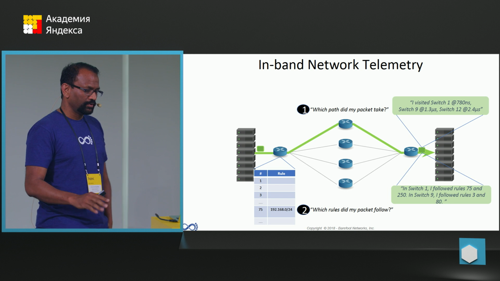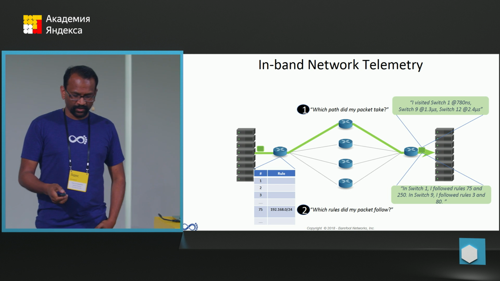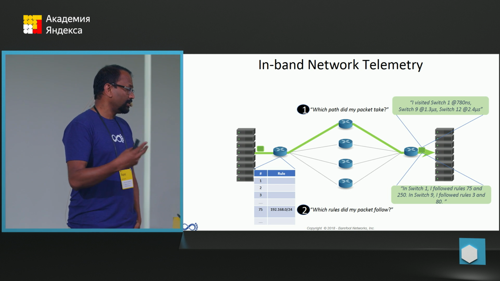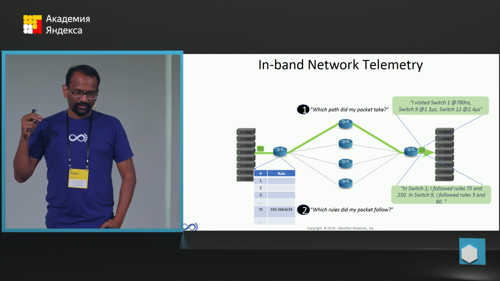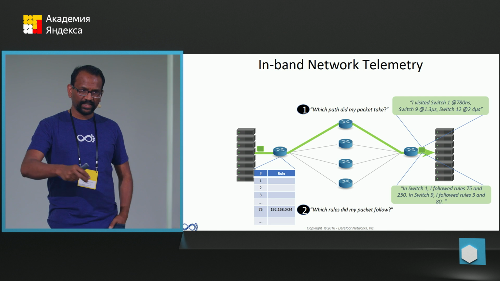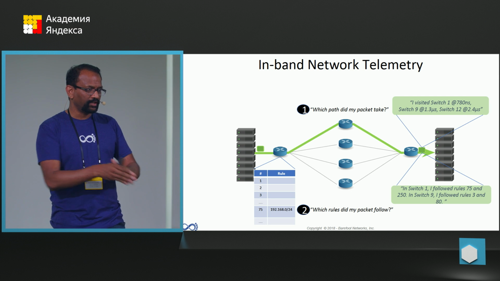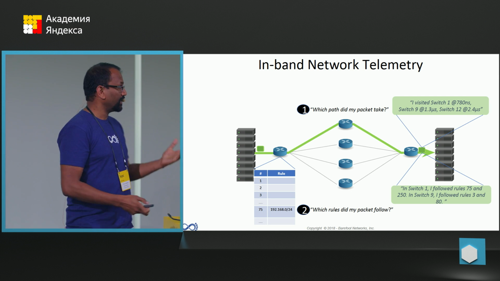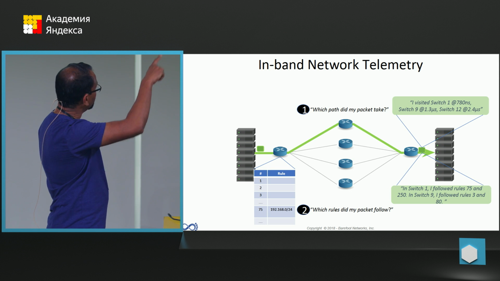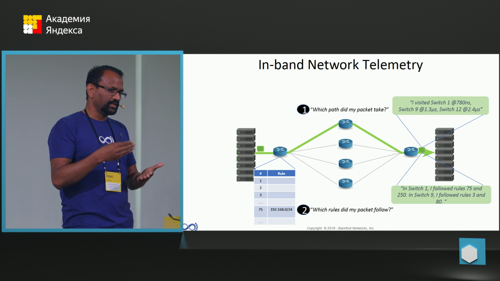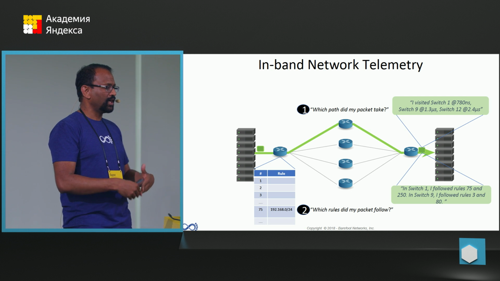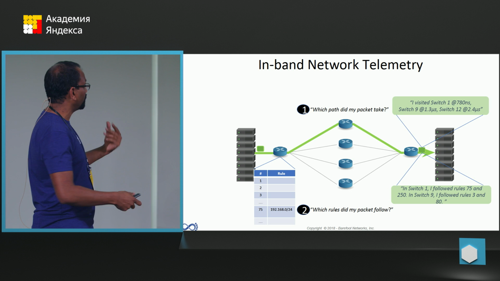So now I'll quickly go through another feature called in-band network telemetry. This feature allows you to essentially embed metadata that you can extract from your pipeline into the packet itself. So as the packet is traversing these hops, it can actually get information regarding which rule it hit, how much time it spent into the packet itself.